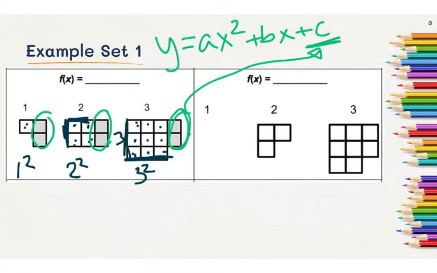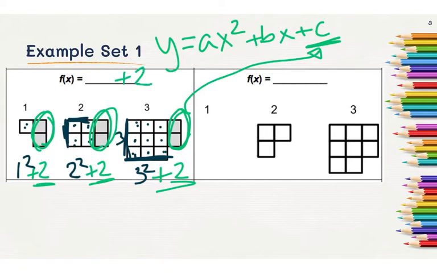I have 2 gray boxes. All right. So I'm just going to add those 2 here. All right. Now I've got to get my equation. I know that because 2 is constant in all of them, I'm going to have a plus 2 here.